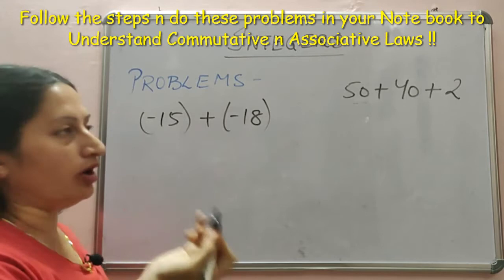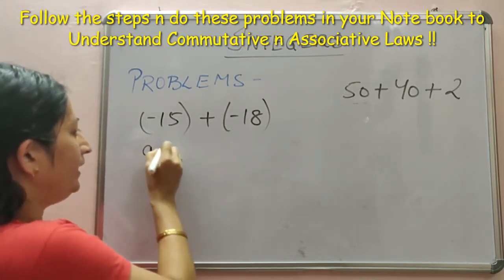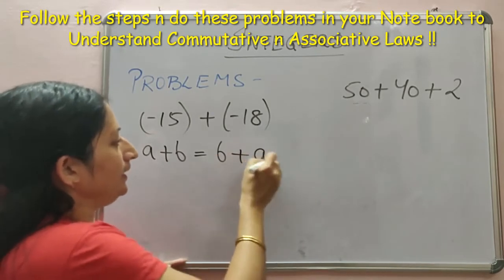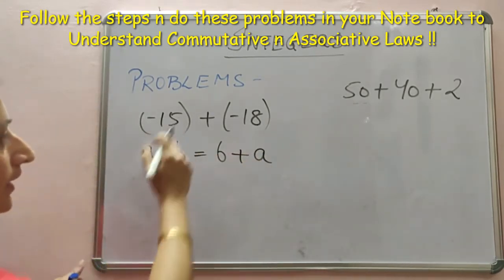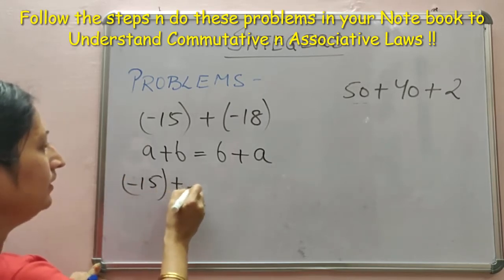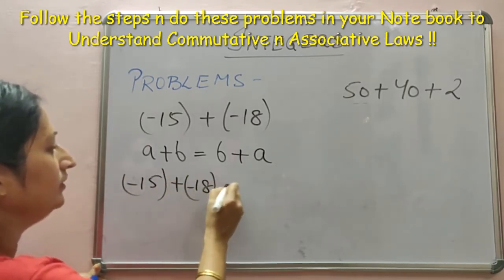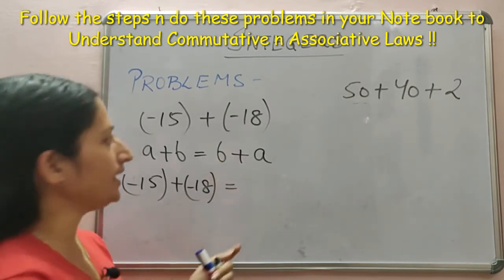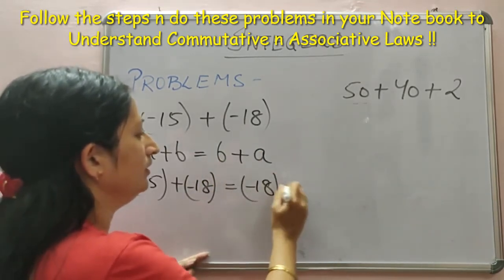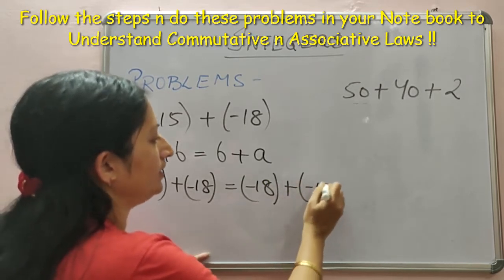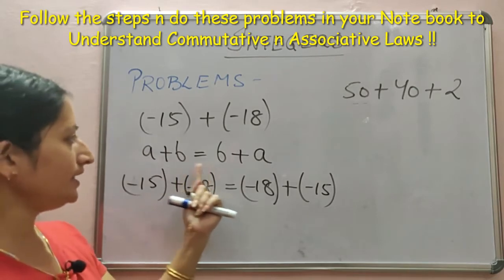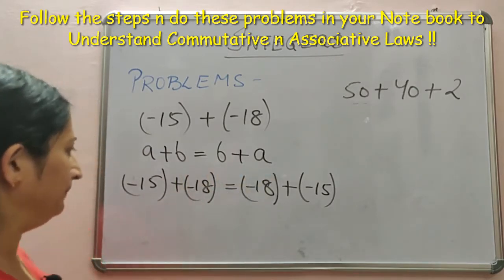As per commutative law, you should have a plus b equal to b plus a. So let's do with this question. That is minus 15 plus minus 18 should be equal to, on the other side we can write minus 18 plus minus 15. So that is just like this, a plus b equal to b plus a.